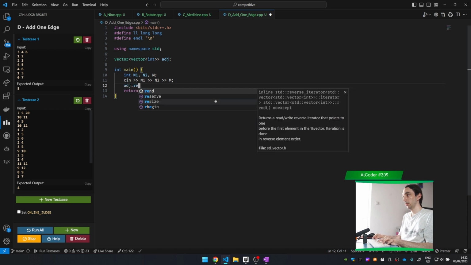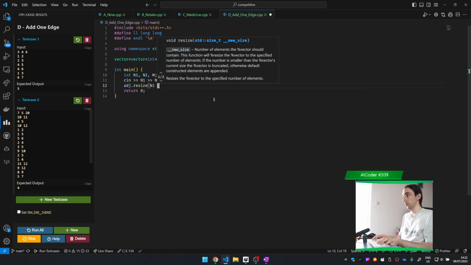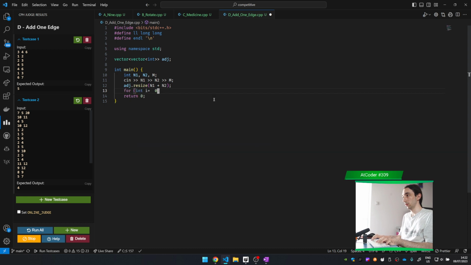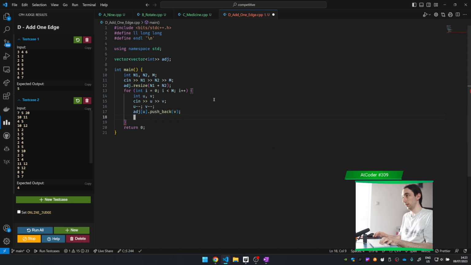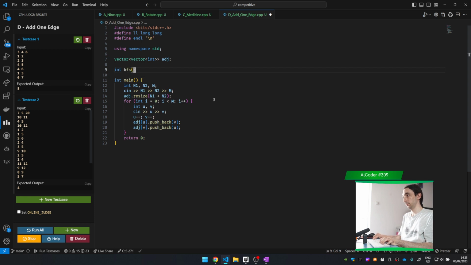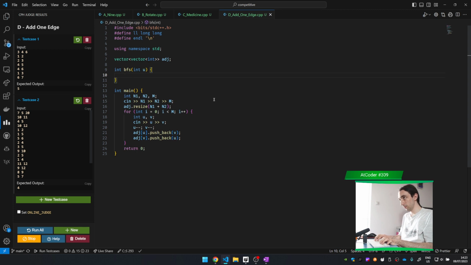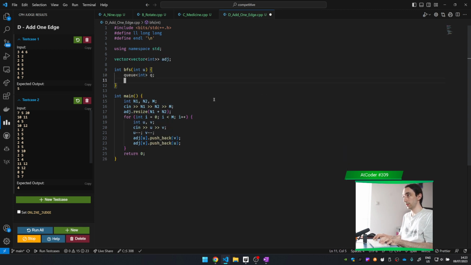So adjacency resize n1 plus n2, for each of the m edges, adjacency pushback, adjacency pushback u. So just a simple BFS.